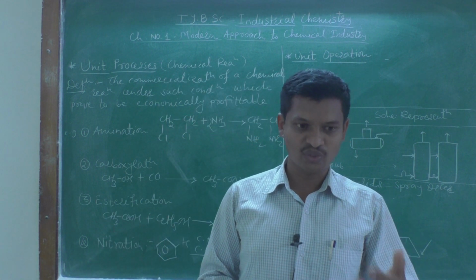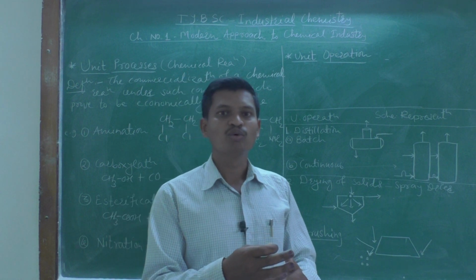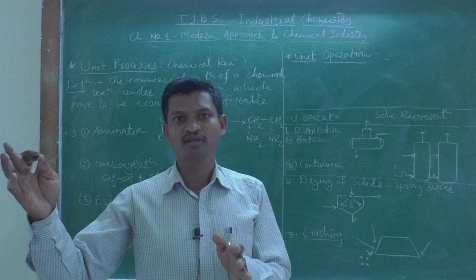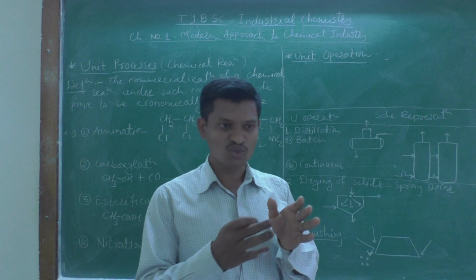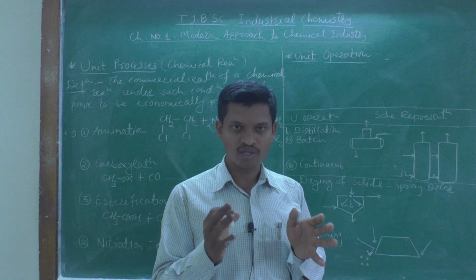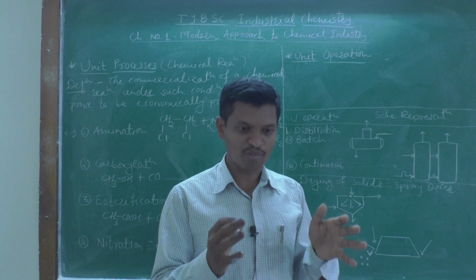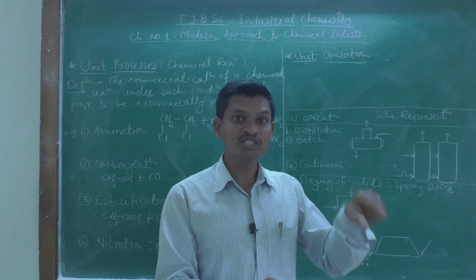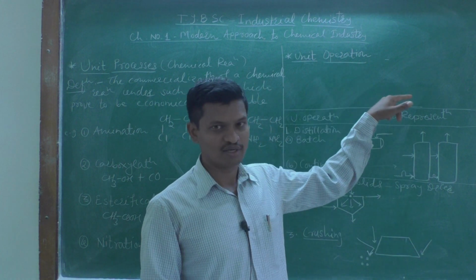Unit operations are designed to do a particular stage in the unit process. So first we have to think about the unit process, and then to carry it out we must do unit operation.